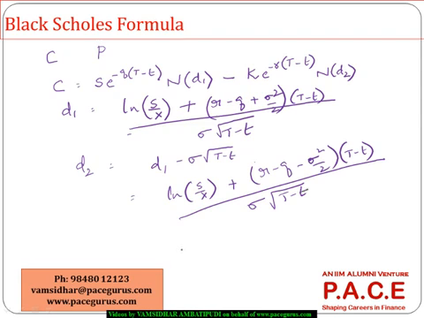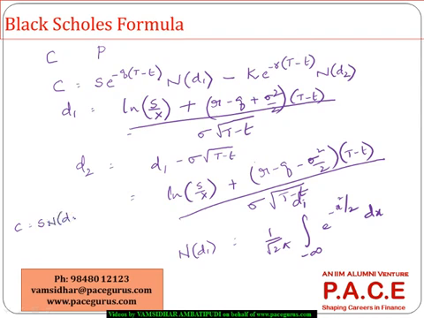Now, whatever we have got, N(d1) or N(d2), it is nothing but 1 by root 2 pi, the integral from minus infinity to d1 of e power minus x squared by 2 dx, which is a standard normal variable coming up. In case this particular stock is paying no dividend, my value of the call option becomes S times N(d1) minus K e power minus r(T minus t) times N(d2).